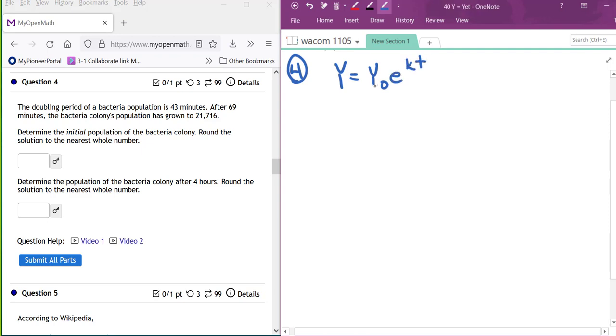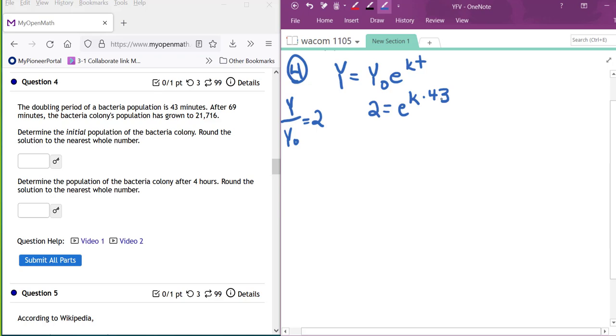And we don't know y sub 0 or y, but we know that it doubles. So whatever this is, this will be twice as much. So we can go ahead and do the division. So y divided by y sub 0 equals 2. That is the doubling piece. And so that gets us to e to the k, and our t for that is 43 minutes.